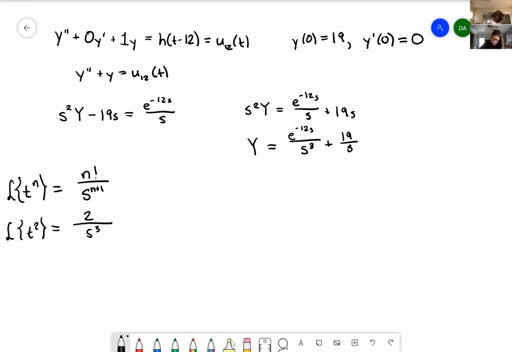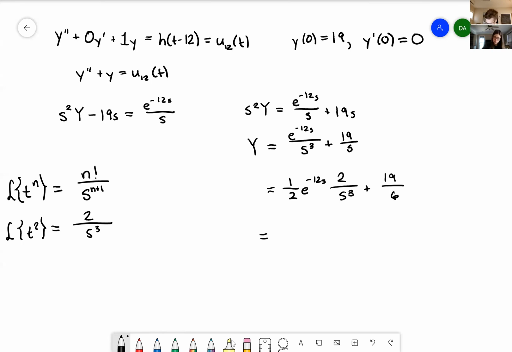So I'm going to write this as e to the minus 12s times, let's do it like this, 1/2 e to the minus 12s, break out all the parts, times 2 over s cubed, plus 19 over s.